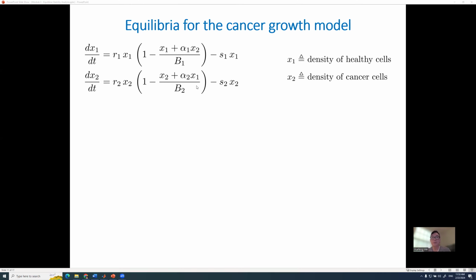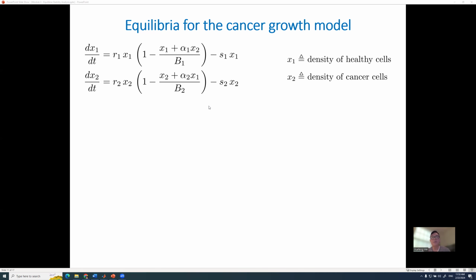So this equation represents the scenario when the two types of cells feed on different nutrients, and therefore they only compete for space, or you can say they have an abundance of nutrients. So they only compete for space.